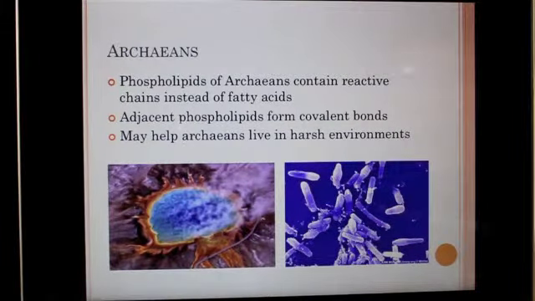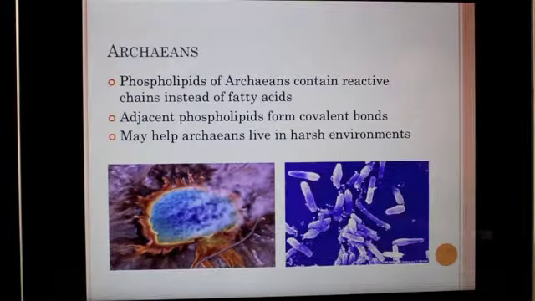Now let's talk for a moment about archaeans. Remember, this is the most primitive domain of life. The phospholipids of archaeans contain reactive chains instead of fatty acids. So instead of having each phospholipid have two little fatty acid tails, it has a different setup.